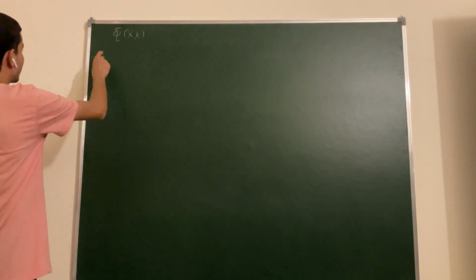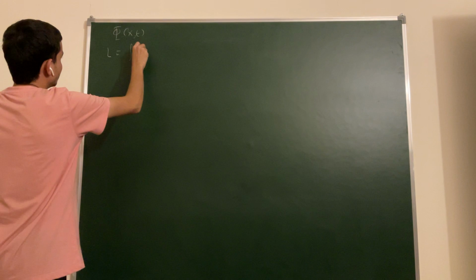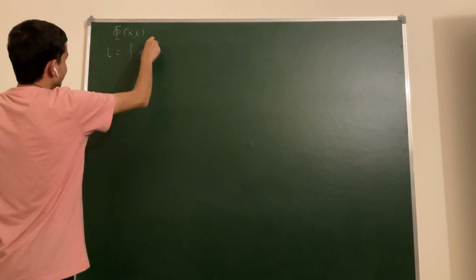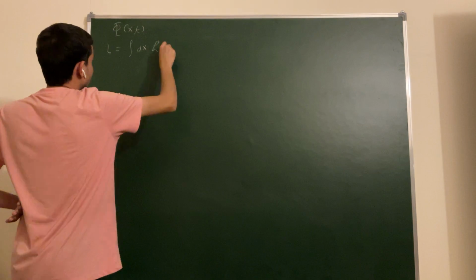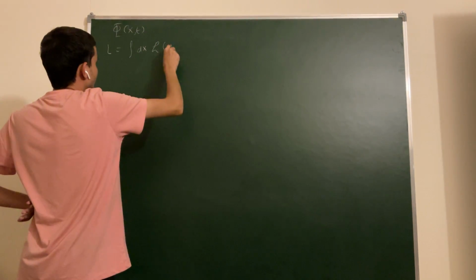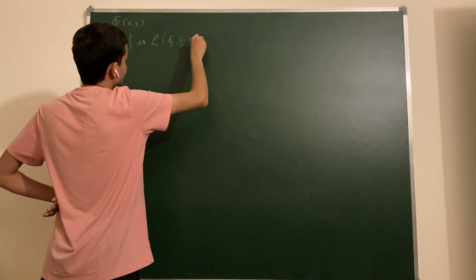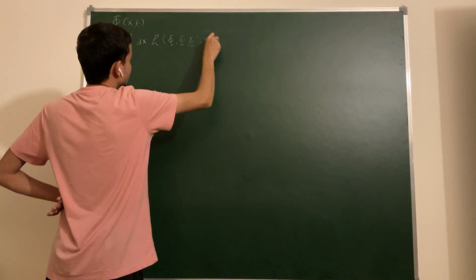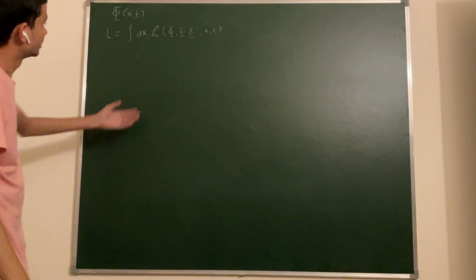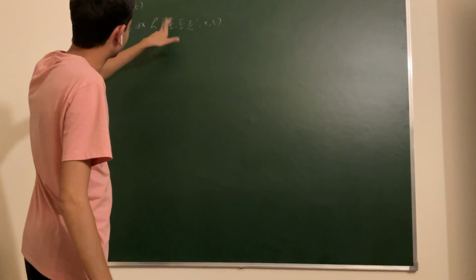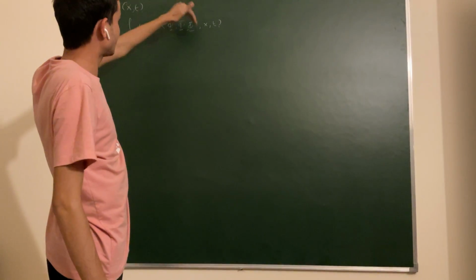So I define a Lagrangian density such that your Lagrangian is nothing but the x integral of your Lagrangian density, which will be a function of phi, phi dot, phi dash, x and t. Let's see, there are a lot of terms out there. So your Lagrangian density is a function of the field itself, the time derivative of the field, the space derivative of the field, and space and time themselves.